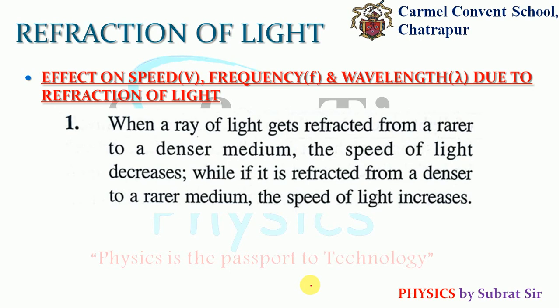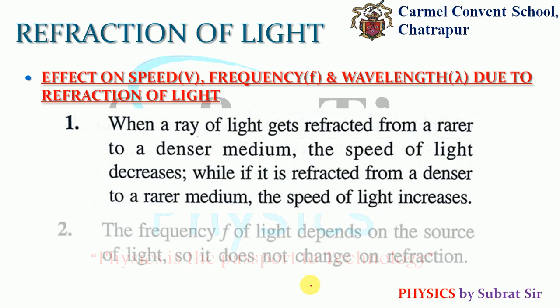You know that in a rarer medium the speed is more, in a denser medium the speed is less. When light goes from rarer to denser, the speed decreases. If it is refracted from denser to rarer, the speed of light will increase. This is the reverse of that.